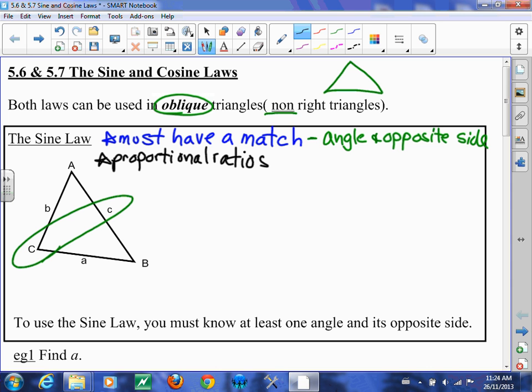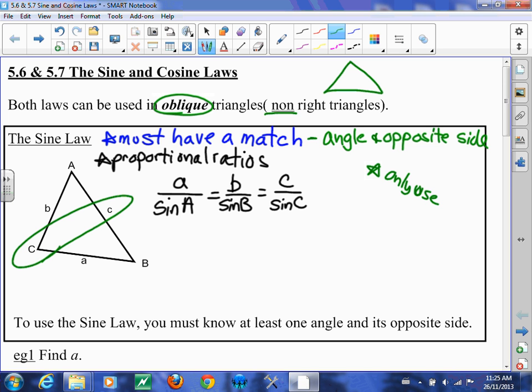It is set up as such. A, which is the side length A, over sine A equals the side B over the sine of B, which equals C over the sine of C. Although there are three proportional ratios in here, we will usually only use two ratios, because quite often not that much information is given in a triangle trig question.